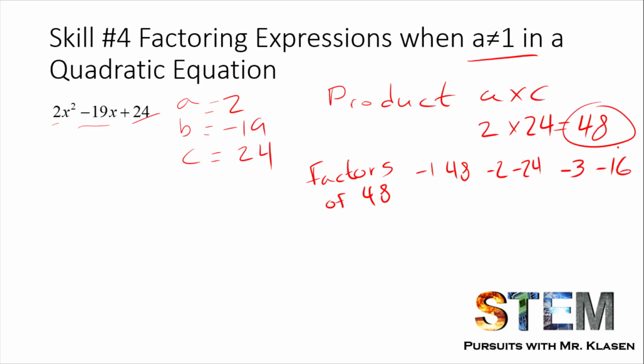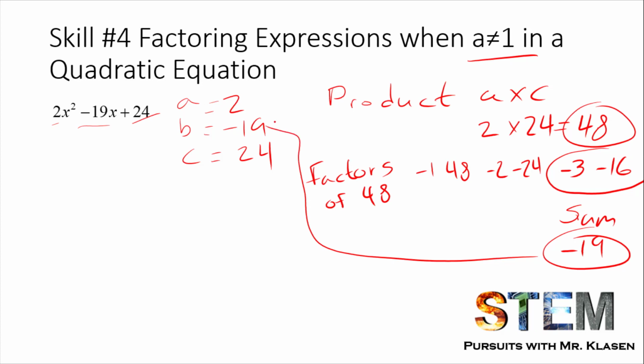I'm going to stop right here because negative 3 and negative 16 have a sum of negative 19, which equals my b value over here. Once I see that the b value matches these factors, I'm going to use these.